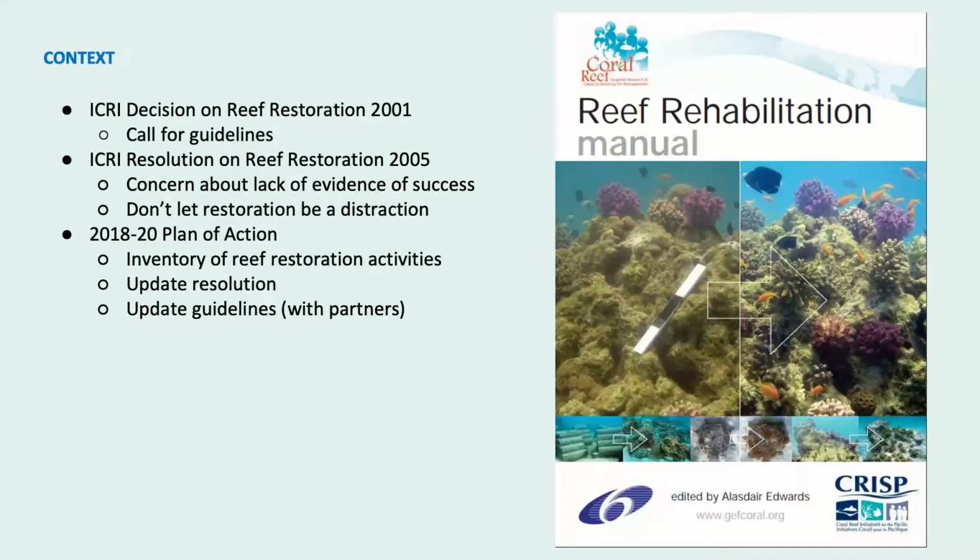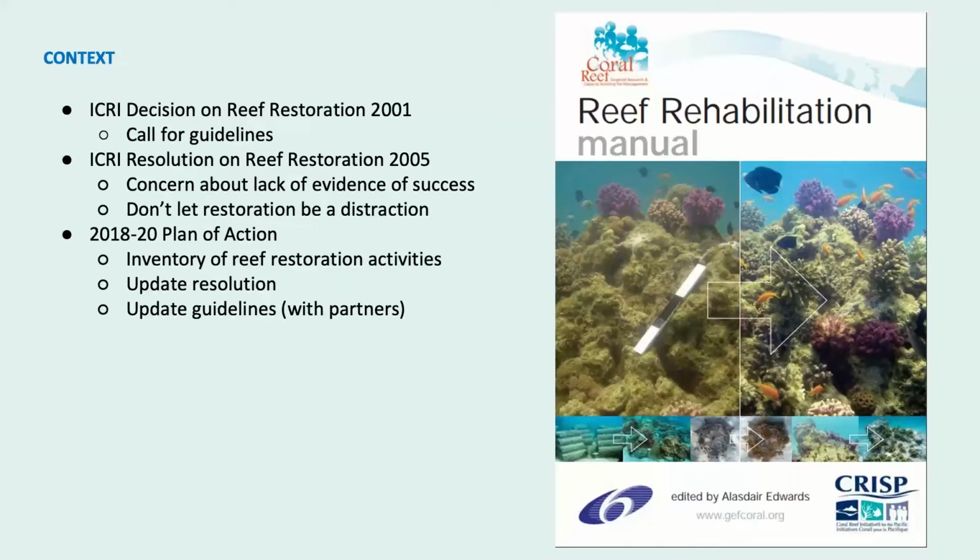But coral restoration has also changed a lot over the last decade. In 2018, ICRI passed a new plan of action that included some goals such as inventory of reef restoration activities, which has now been updated and added to the Restoration Hub on the ICRI website, and includes over 400 coral restoration projects from around the tropics.